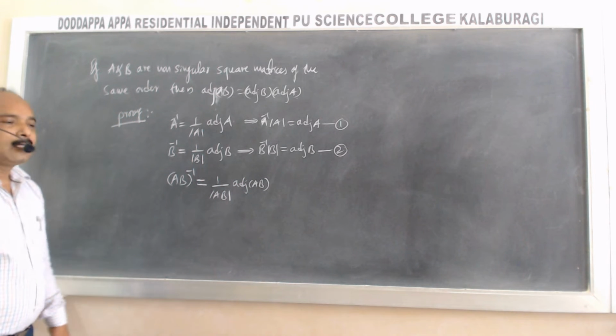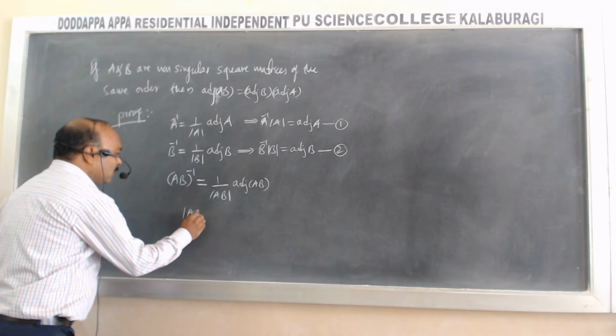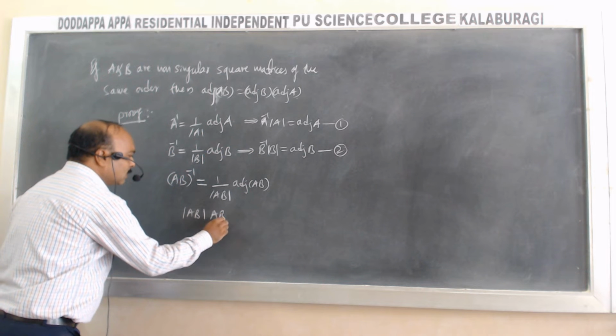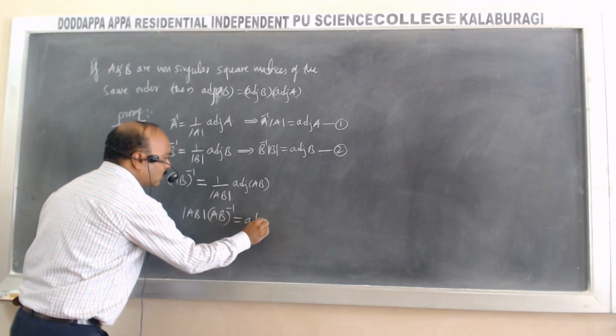Then by cross multiplication we get determinant of AB into AB inverse equal to adjoint of AB.